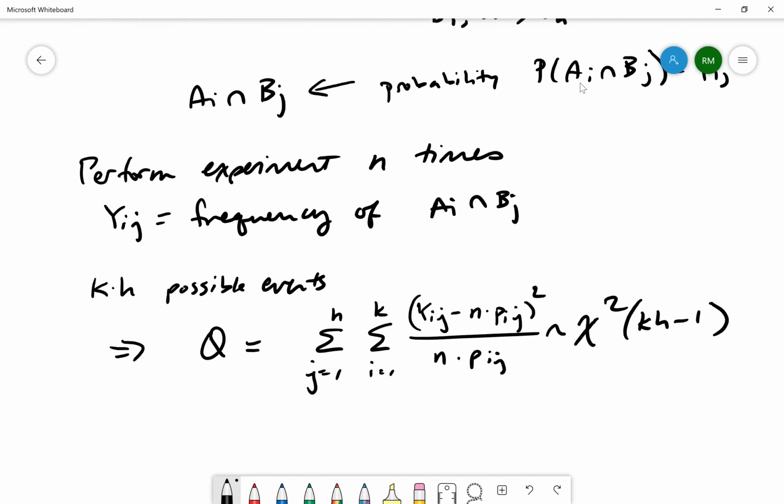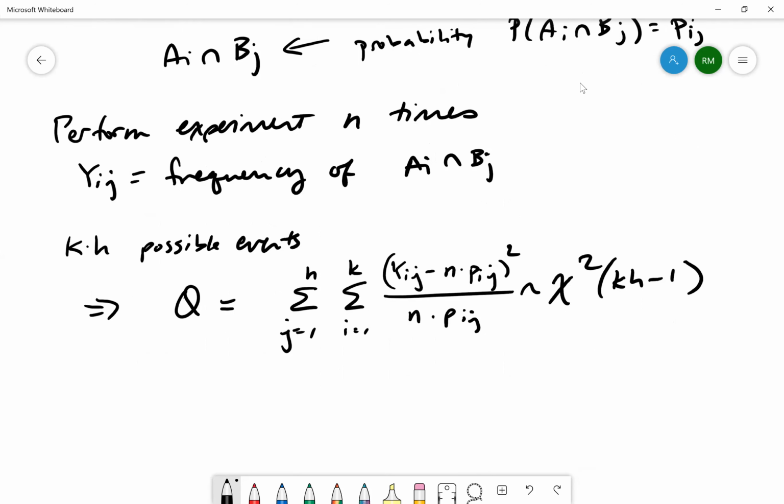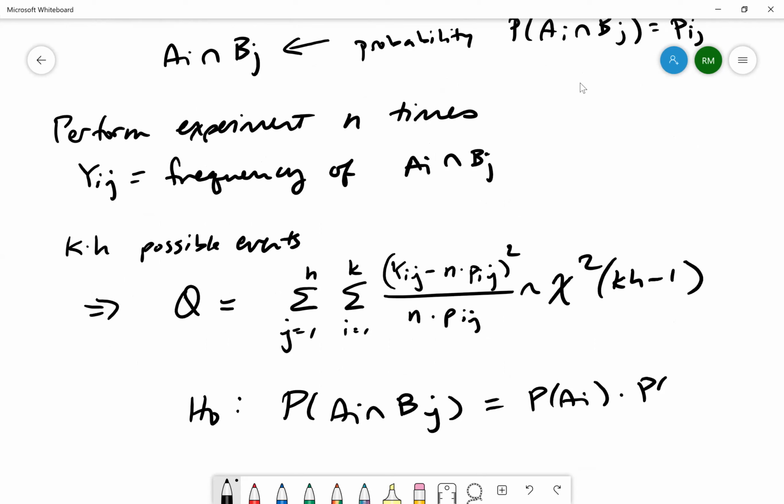And so the null hypothesis is that the probability of these events Ai intersect Bj is the probability of Ai times the probability of Bj for all possible i's and all possible j's, because that's the definition of independence.